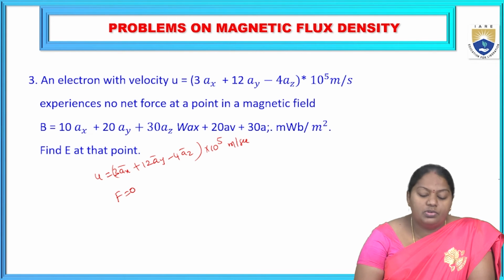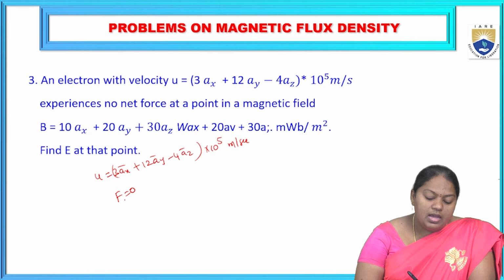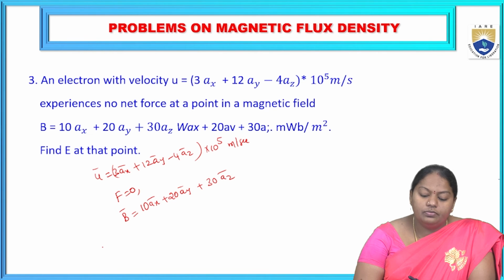No net force. The force which is represented with F, no net force means its value is equal to 0, at a point in a magnetic field B. So the magnetic field B is given. It is also a vector, represented with B bar, which is equal to 10ax plus 20ay plus 30az milliweber per meter square.